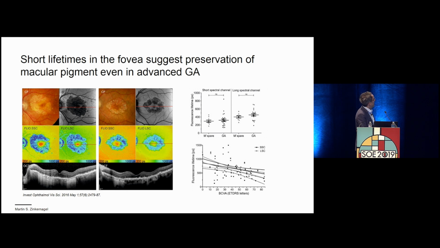And in the FLIO, you can nicely see this macular pigment. So this is a patient with macular sparing, and this is a patient where the fovea is already involved. And we looked at this systematically, and we could find that even in the presence of foveal atrophy, we could identify macular pigment quite nicely. So this could be an additional biomarker in patients with geographic atrophy.